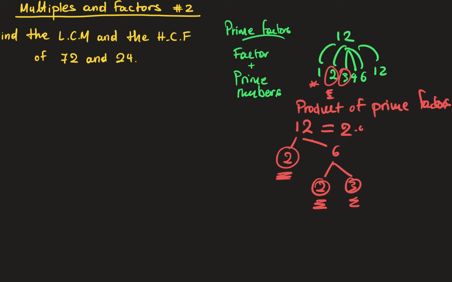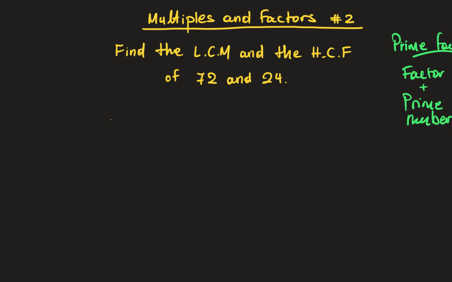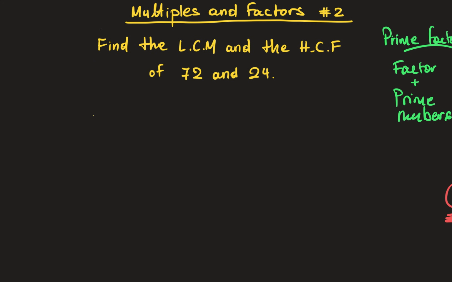So like 2 times 2 and then times 3, or if you want to use exponent form, that's going to become 2 to the power of 2 times 3. And that's the product of the prime factors of the number 12, right? It has 6 factors altogether, but only 2 of them are prime. And the way you can write 12 as a product of its prime factors is 2 times 2 times 3.